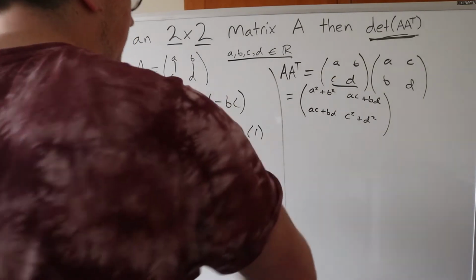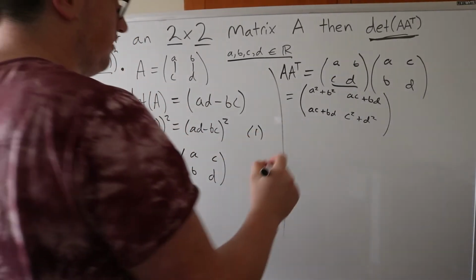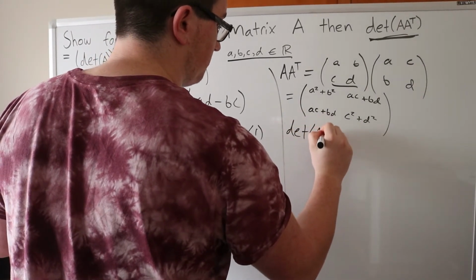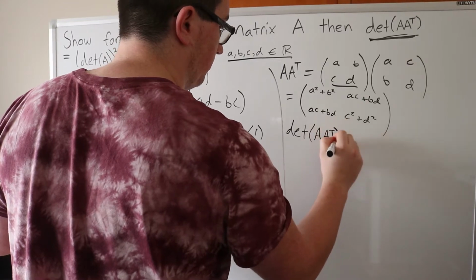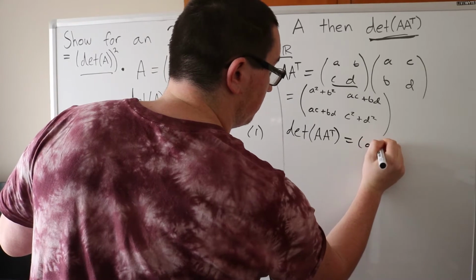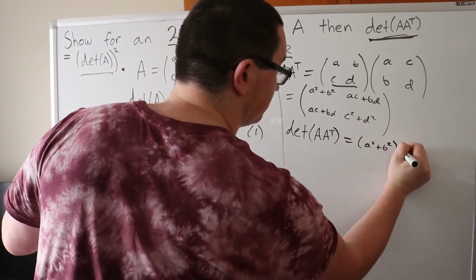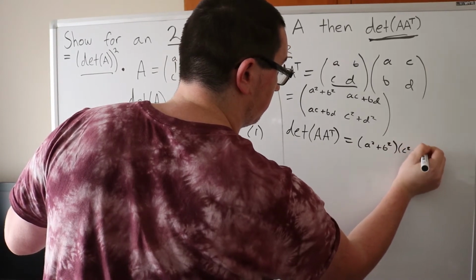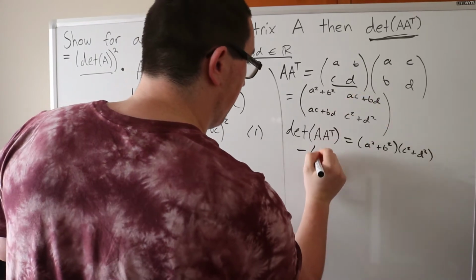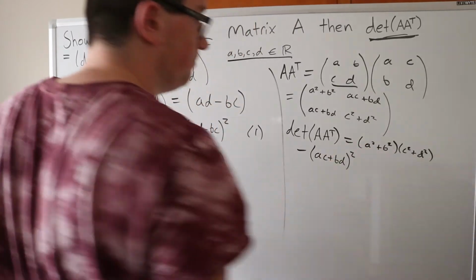Now we can take the determinant of this matrix. The determinant of A A transpose is nothing but A squared plus B squared multiplied by C squared plus D squared, take away AC plus BD squared.